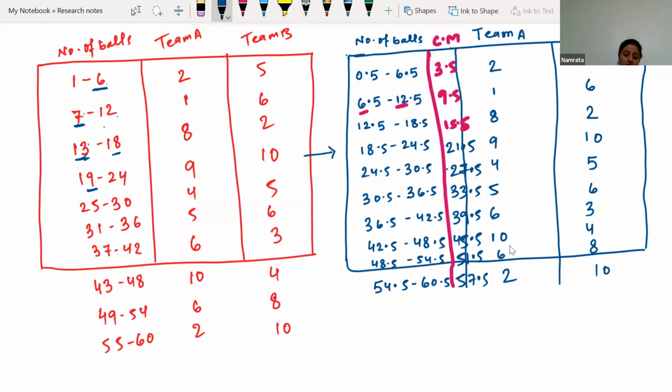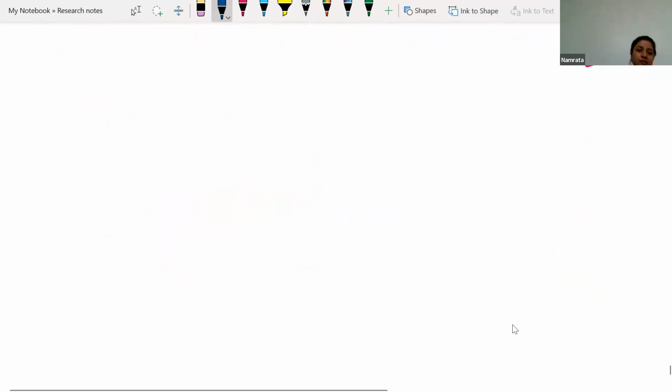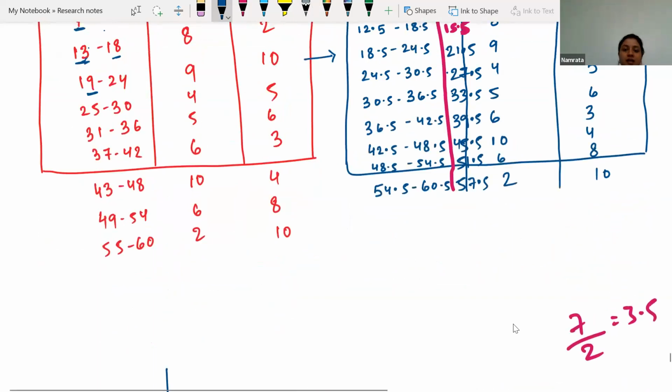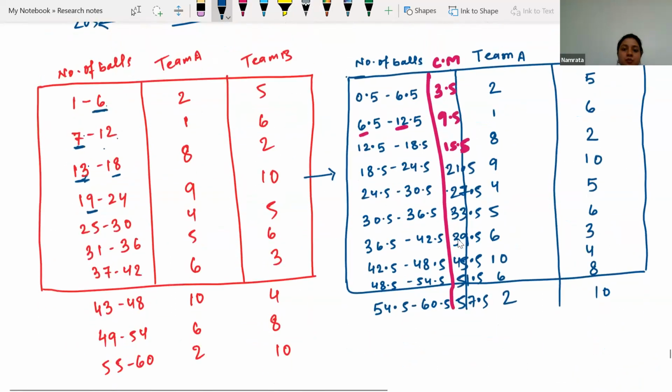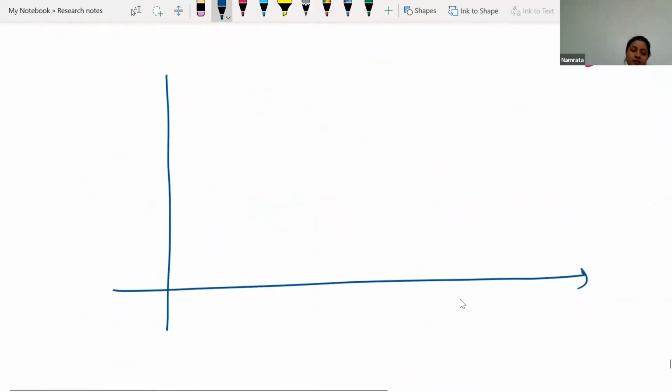Now we just have to go ahead and plot the figure. Let's plot it. Class marks are 0.5, 6.5, it just starts from there.